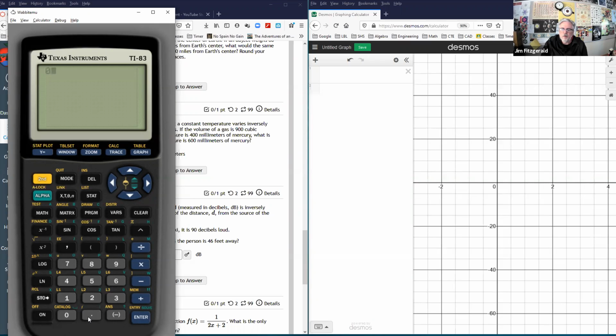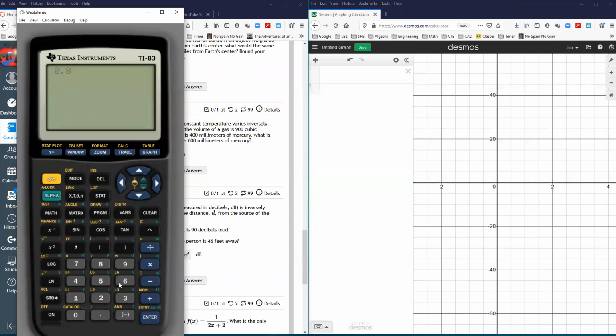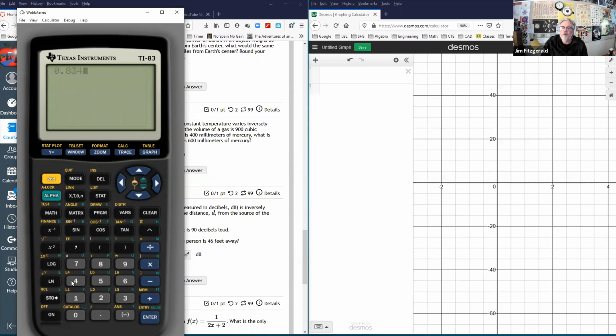Somebody give me a decimal. Let's go 0.834. Okay, so what I want to do is turn that into a fraction. So I'm going to go math, fraction, enter. 417 over 500. Easy peasy, right? And again, you could say, well, that's 834 over 1,000, and then simplify that to 417 over 500.